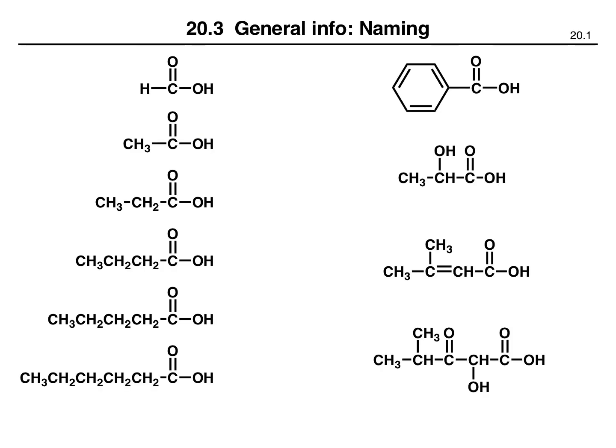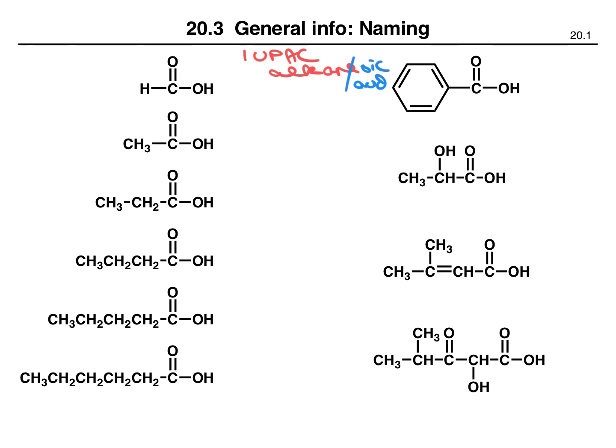When it comes to naming carboxylic acids, we can use the IUPAC name. Instead of an alkane, we replace the E with oic acid.